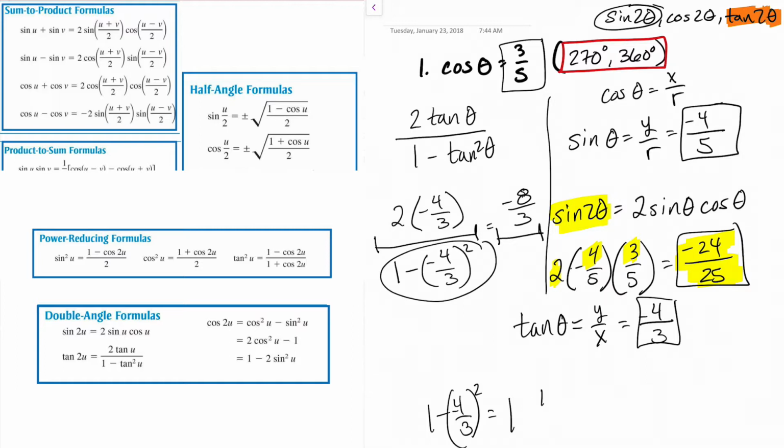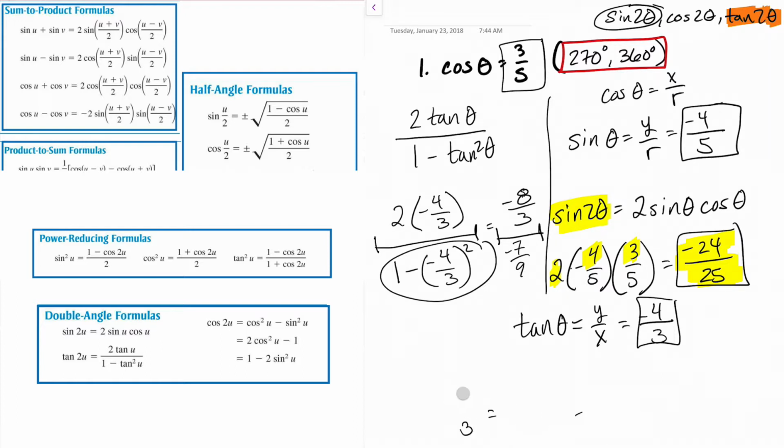It's going to be 1 minus 16 over 9. And that 1 I can change to something that I can work with. It'll be a little easier to work with. And let's change that to 9 over 9. So that'll be over 9, negative 7 over 9. So negative 7 over 9.